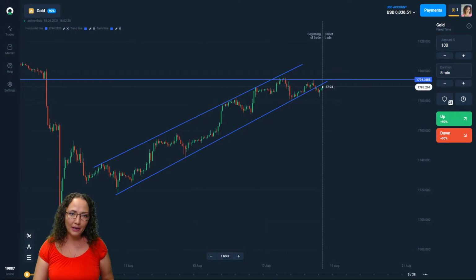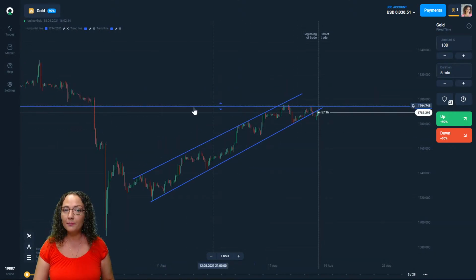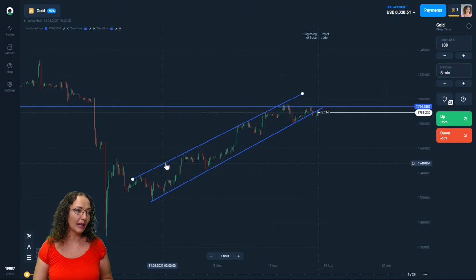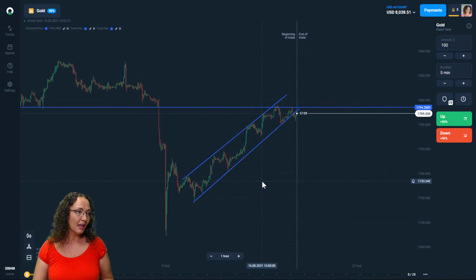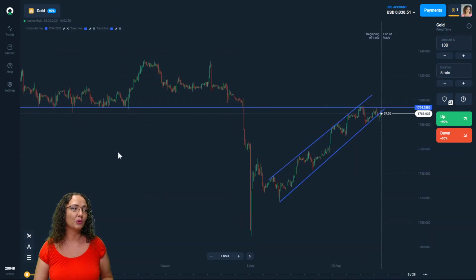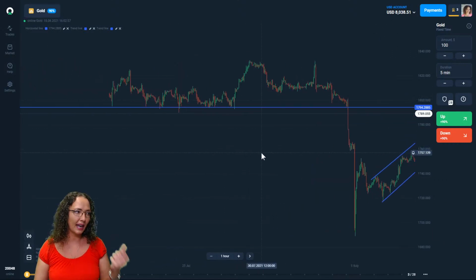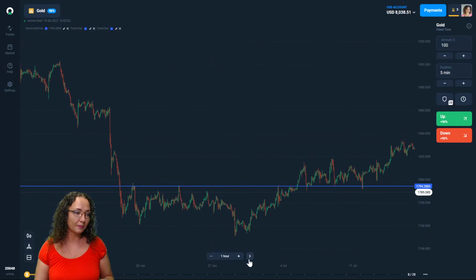So just a quick reminder, support and resistance levels can be identified in different ways. For example, they can be a horizontal line, and sometimes they can also be drawn as slanted trend lines.